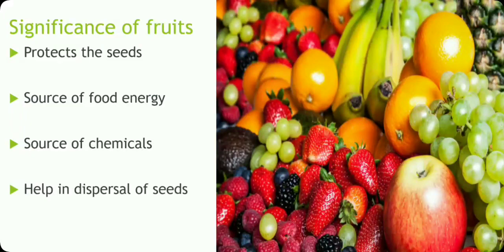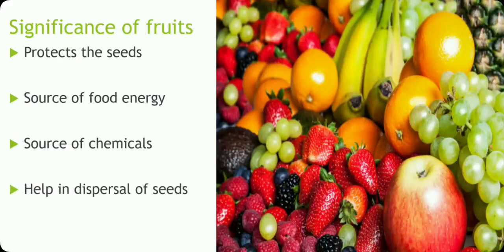The fleshy edible part of a fruit is the food of animals. The third one is that fruits are a source of chemicals like sugars, glucose, fructose, vitamins and minerals.